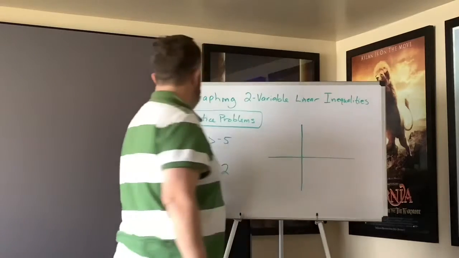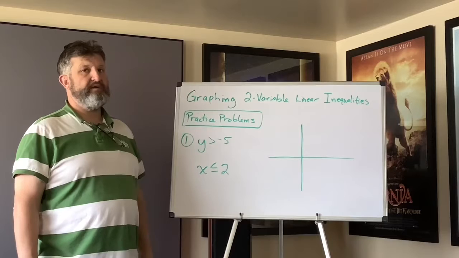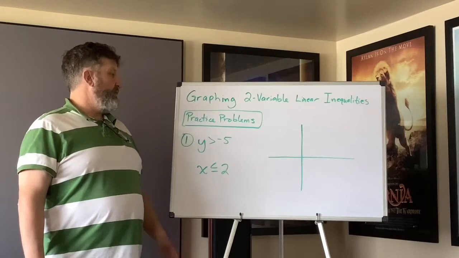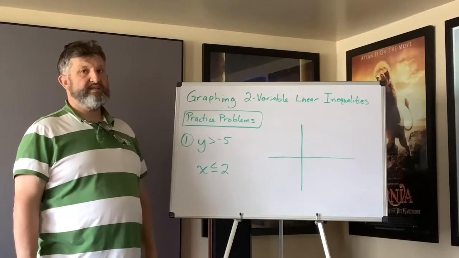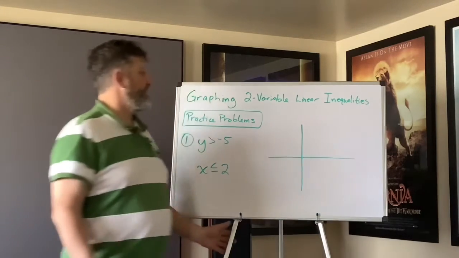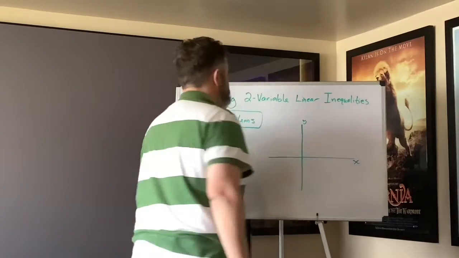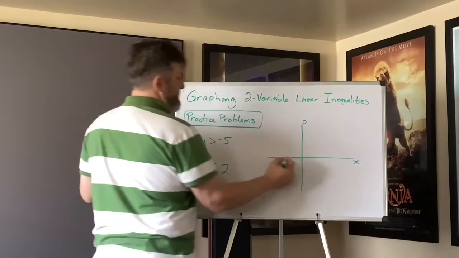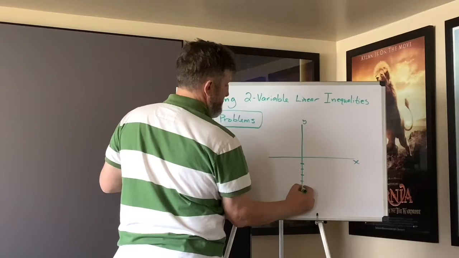All right, so we've talked about this before, but if it says y is greater than -5, obviously there is no x in it. So what that tells you is this line is never going to cross the x-axis, right? Remember, here's our x-axis. Here's our y-axis. Okay? So if we go to y = -5, I'm going to go down 1, 2, 3, 4, 5.